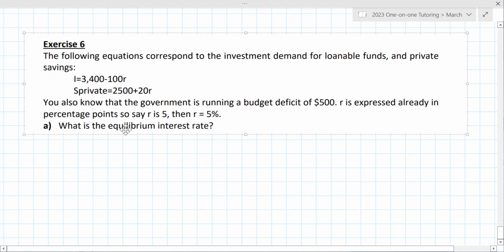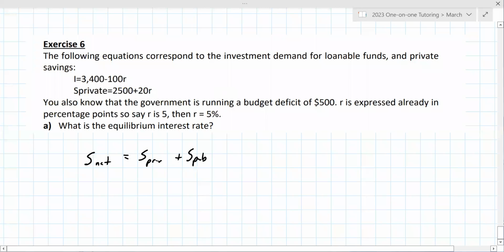All right. This is back to the nice questions to start out. They give you savings private. And I believe we started out by saying savings national equals savings private plus savings public. That's an equation we used previously.